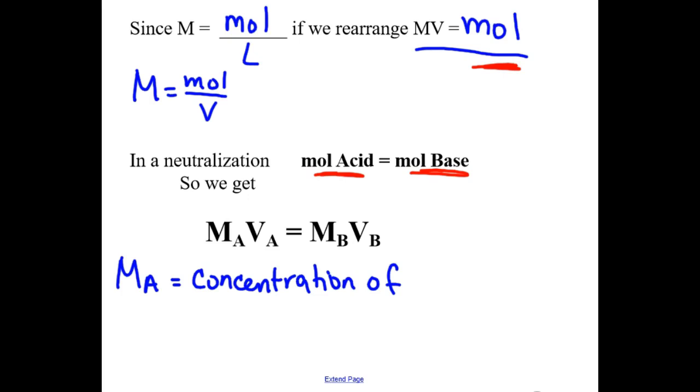Now this is important because when you have an acid like H2SO4 that gives off 2 hydrogen ions for every 1 mole of acid, you're going to need to take that into account because you need to determine the concentration of hydrogen ions, not the concentration of the acid. If it gives off 2 hydrogen ions, it's going to be twice as much. If it gives off 3 hydrogen ions, it's going to be 3 times as much. The Va stands for volume of acid.